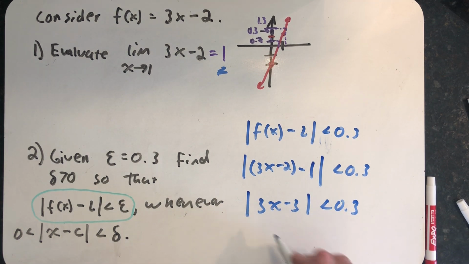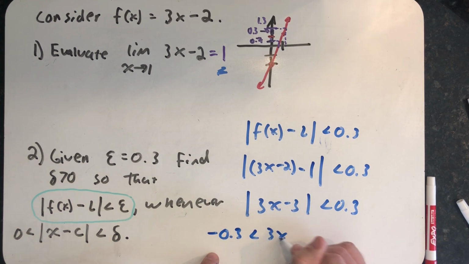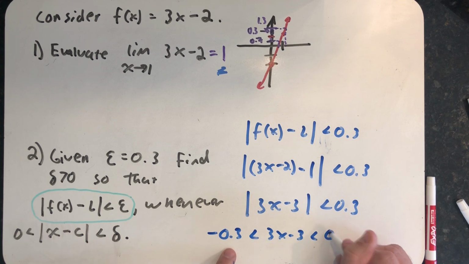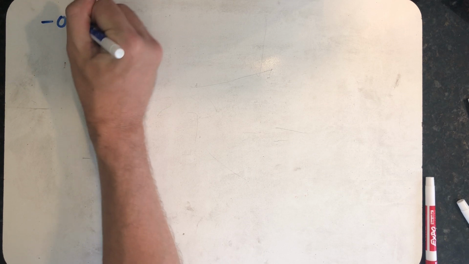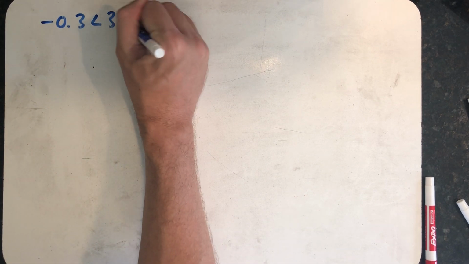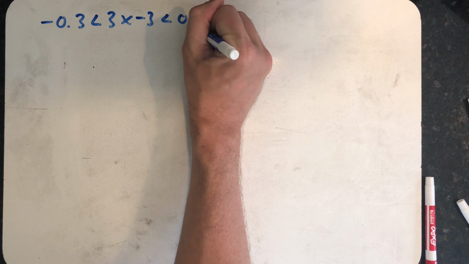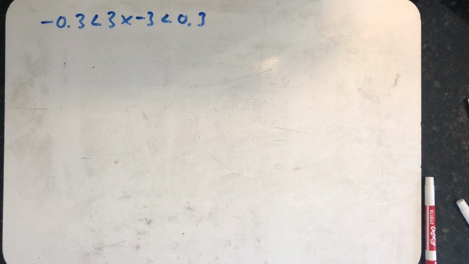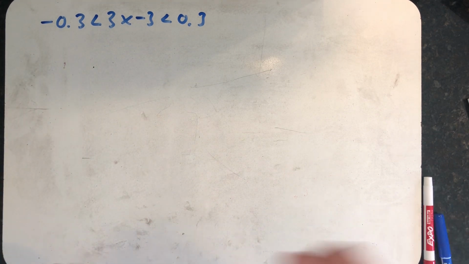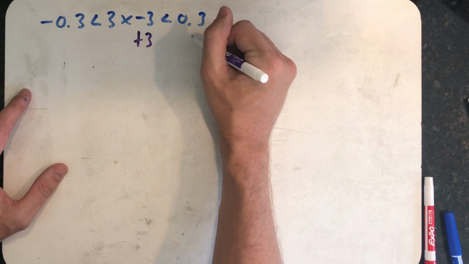So my next step is going to be to rewrite this absolute value inequality without the absolute value, which means 3x minus 3 has to be more than minus 0.3 and less than 0.3. So now I want to solve this inequality. To solve that inequality, I'll simply do the same thing to all 3 pieces. Start by adding 3.